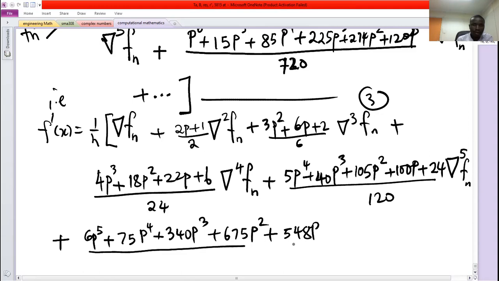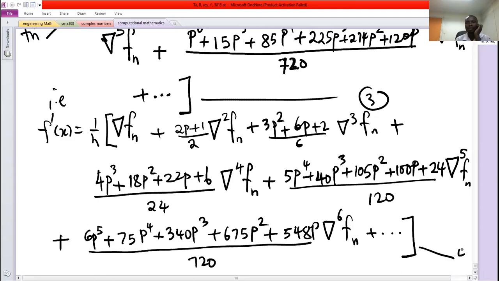You divide by 720, then this is sixth backward fn plus other several terms. Call this one equation 4.